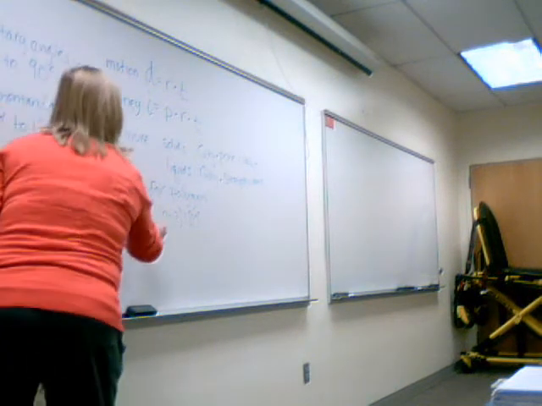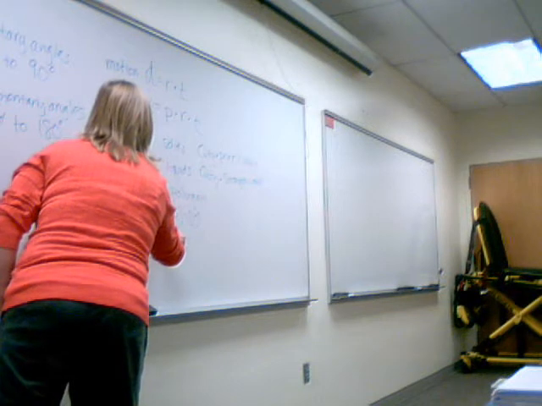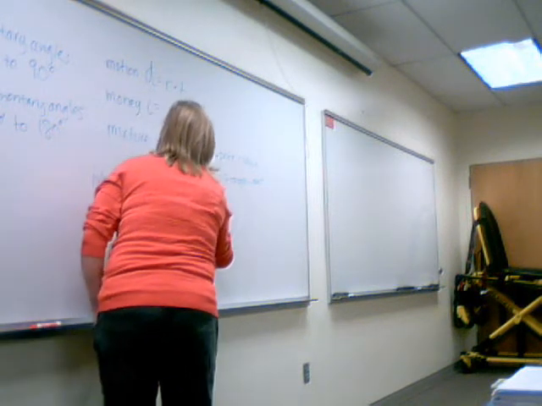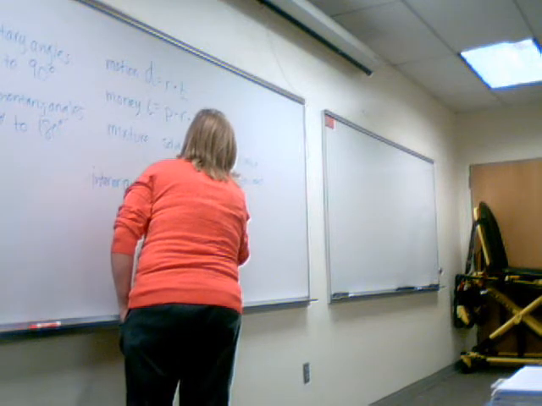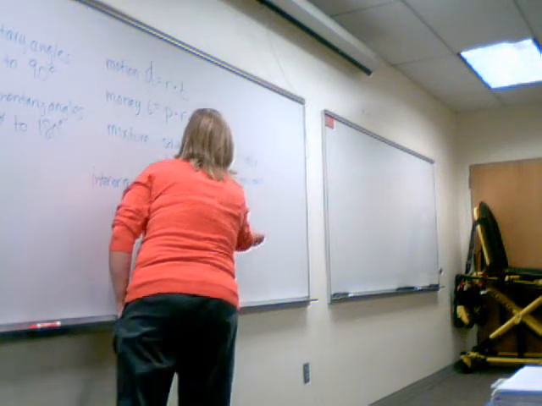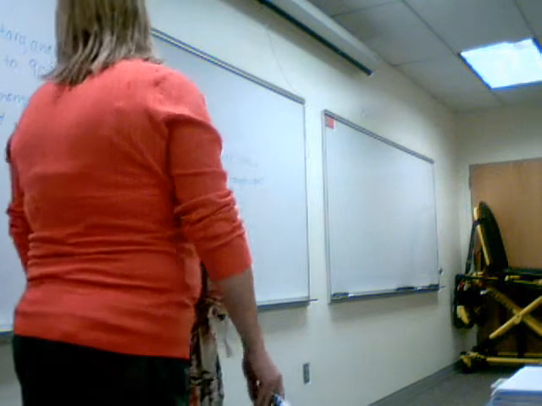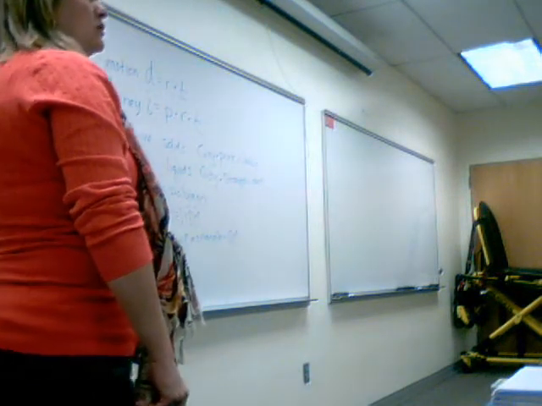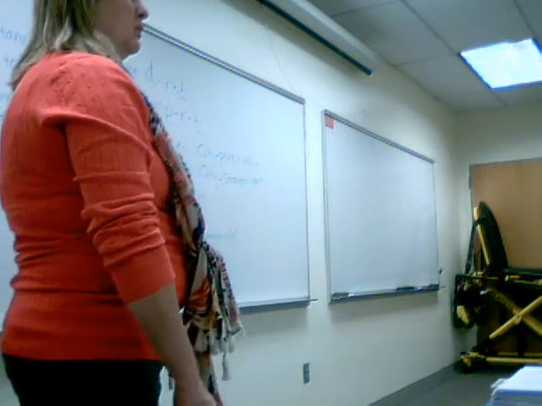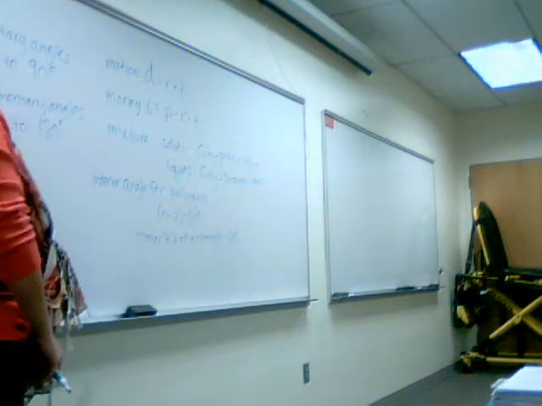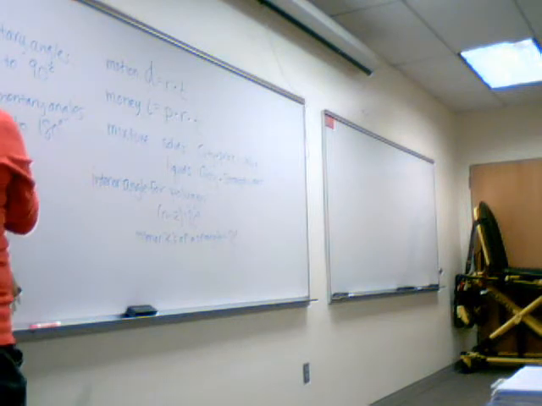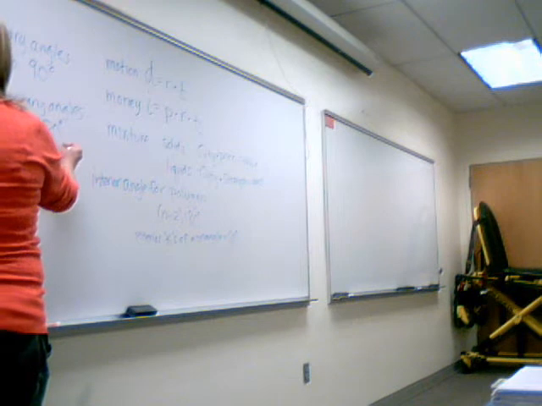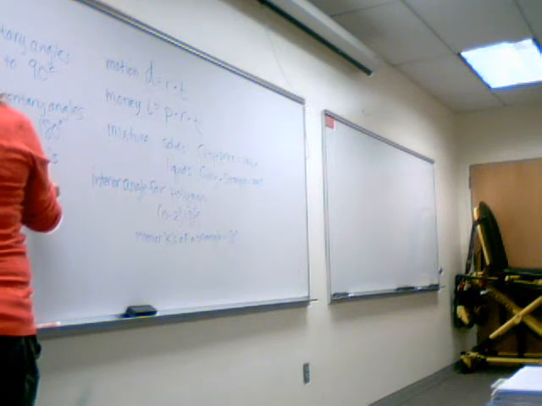The interior angles of a triangle equal 180. That's something you need to know. How about consecutive numbers? How would you represent two consecutive numbers? X and x plus 1.